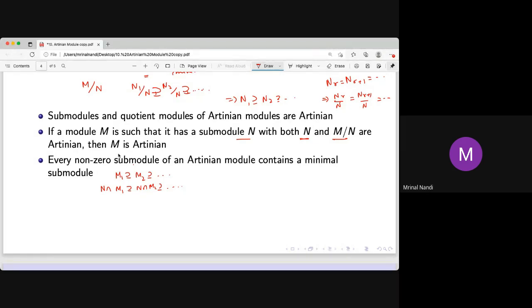So since these are submodules of N and N is Artinian, after some stage this will be stationary. So therefore for some r these will be equal.